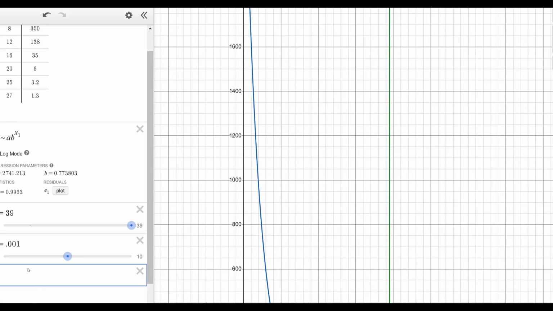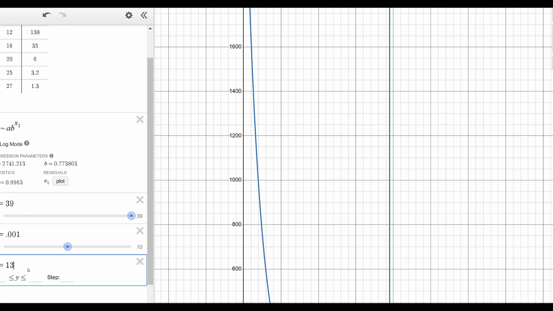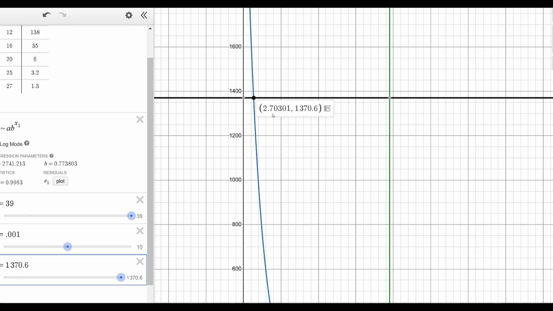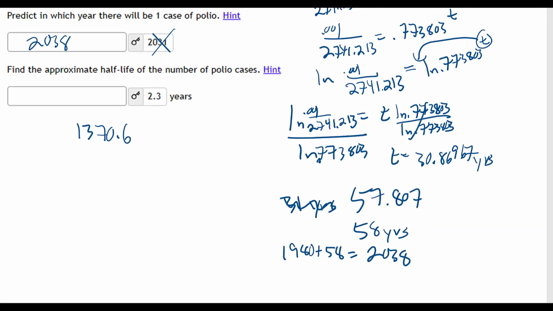So let me go to y equals 1370.6, and it gives us this value right here, 2.7 years. So 2.7 years, and it's not far from their model.